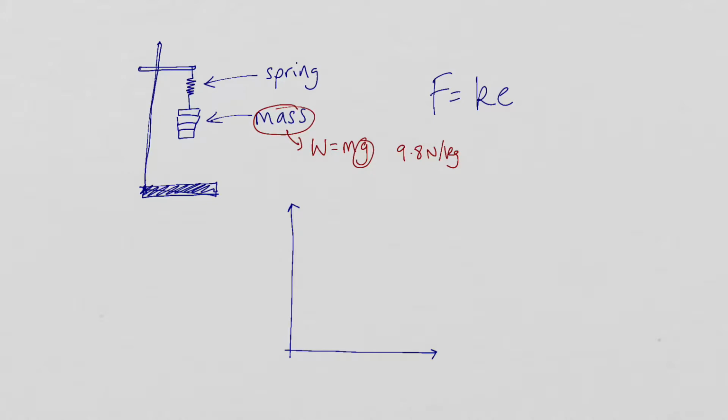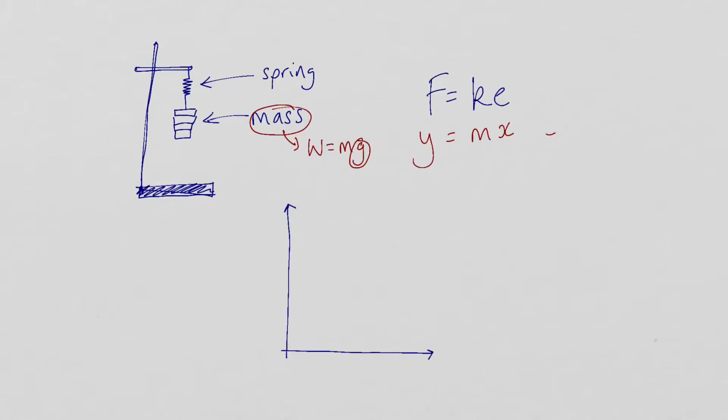First thing to do is think about maths. And in maths, when you draw a straight line, you will see y equals mx plus c. Well, if it's going to go through the origin, just here, then we know there's no plus c. So I'm just going to get rid of the plus c.